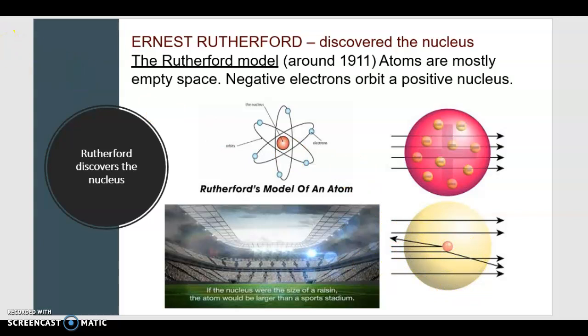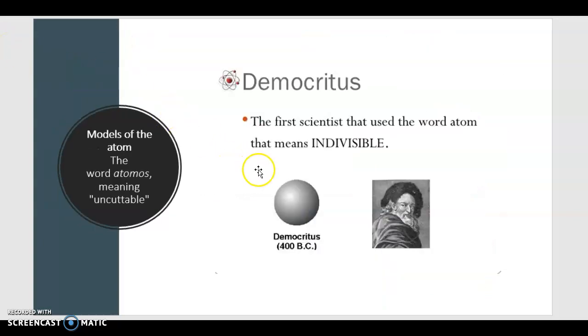All right, so that will do it for today. So again, the early thinking was atoms were atomos, indivisible chunks of material. That's the way we thought about it for really thousands of years.